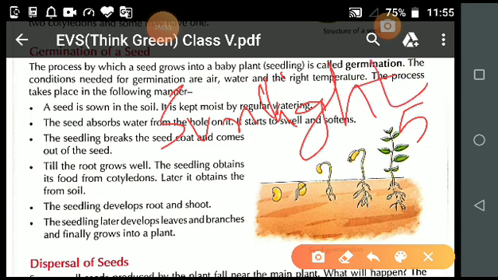And in the fifth picture you will observe roots move deep and other parts of the plant start developing.